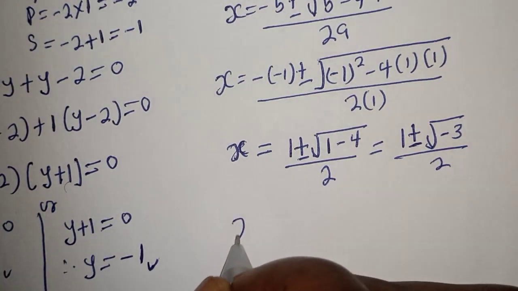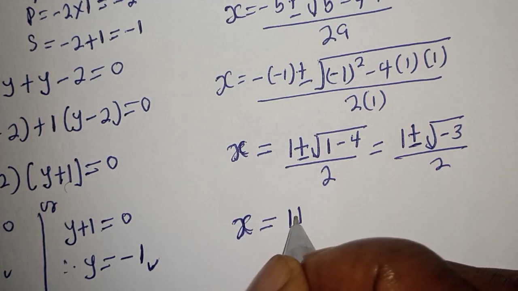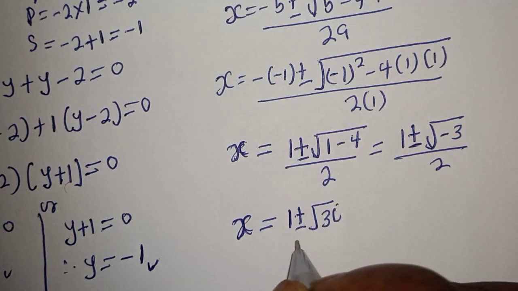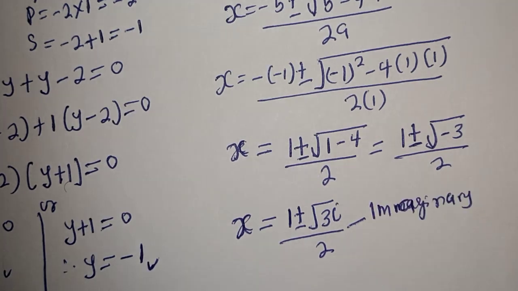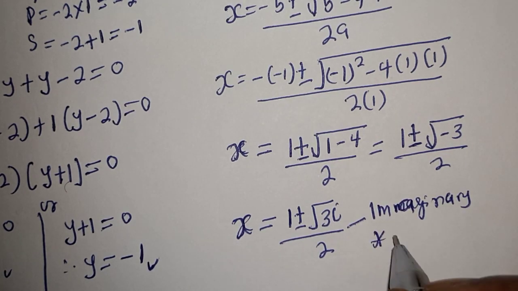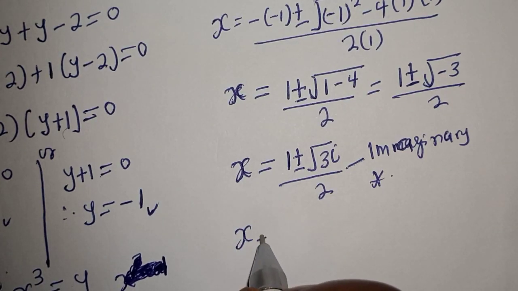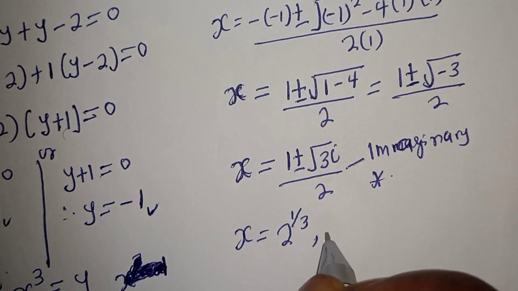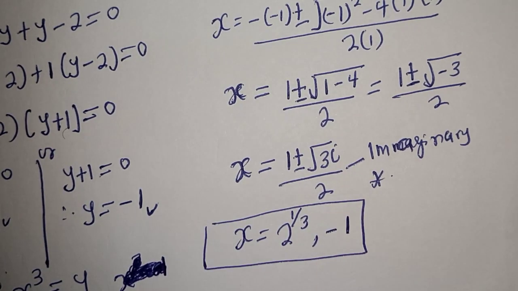So s is equal to 1 plus or minus square root of 3i over 2, and this is imaginary, so we don't need this. The real solutions we have are s is equal to 2 raised to power 1 over 3 and minus 1. This is our final answer.